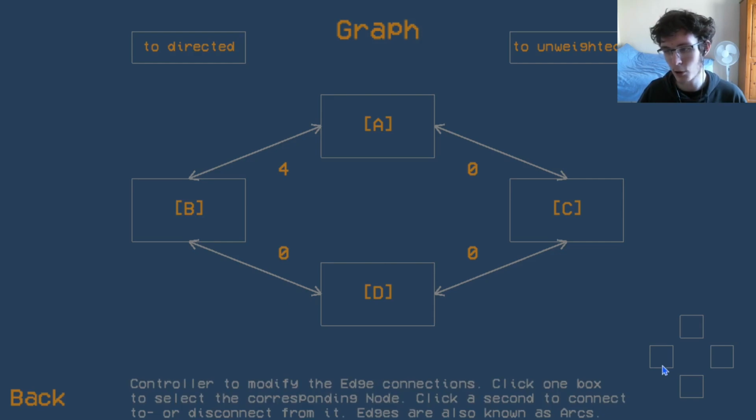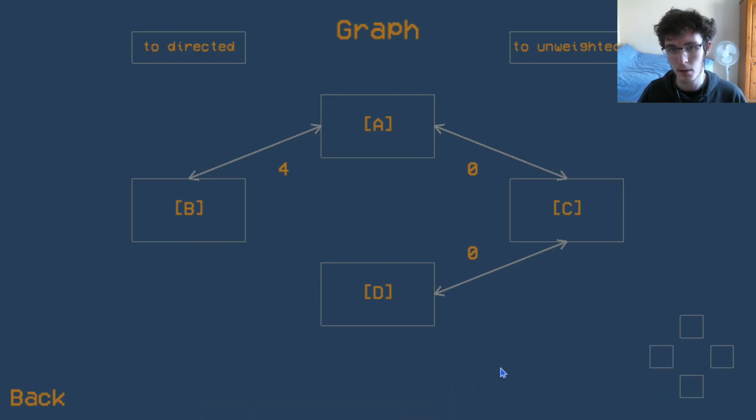So a minimum spanning tree is a subgraph being another graph where we don't have any more nodes or any more edges. We have fewer or the same amount of edges and the same nodes.